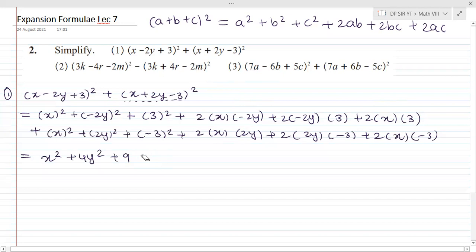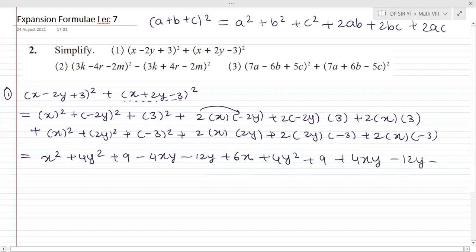Minus 4xy: 2 into minus 2 is minus 4, and x into y is xy. This term will cancel out, don't worry. So minus 4xy minus 12y plus 6x plus 4y square plus 9 plus 4xy minus 12y minus 6x. Now you will understand what to cancel and what not.